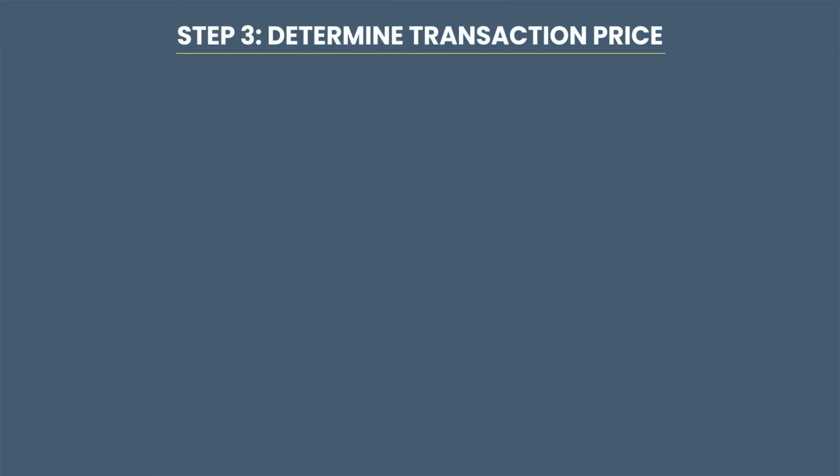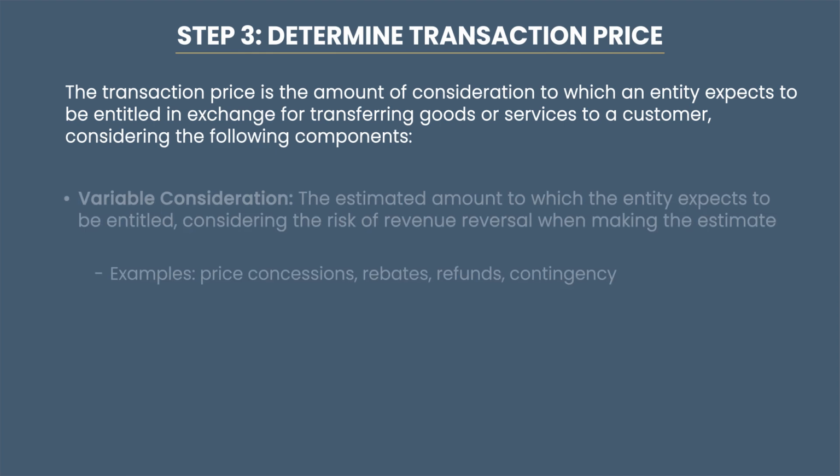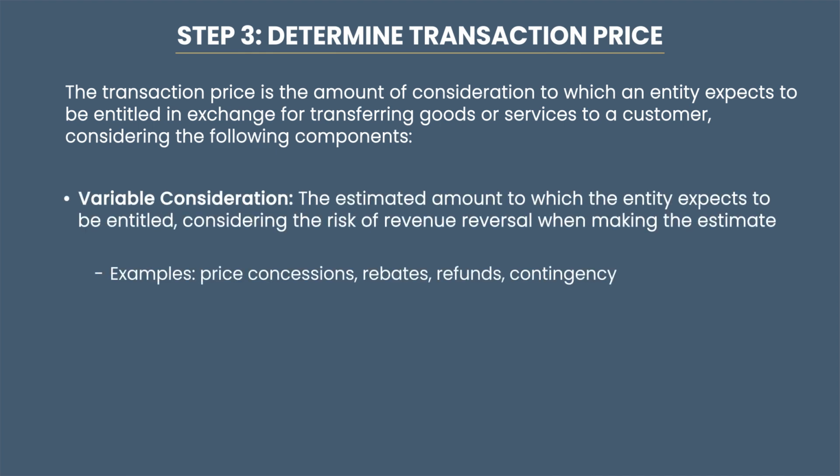The third step in the 5-step process under ASC 606 is to determine the transaction price. The transaction price is the amount of consideration to which an entity expects to be entitled in exchange for transferring goods or services to a customer, considering the following 4 components. The first we'll look at is variable consideration.